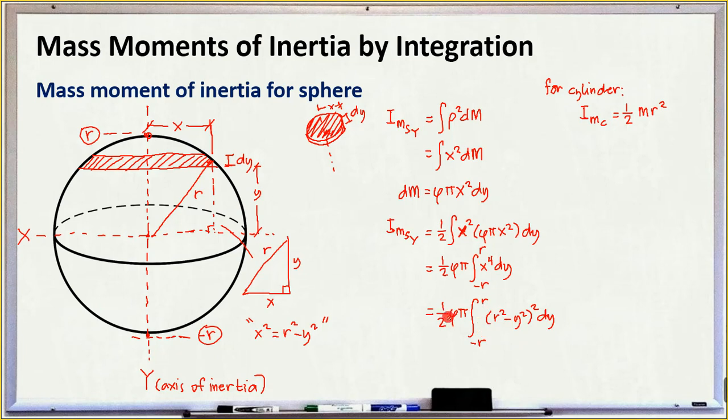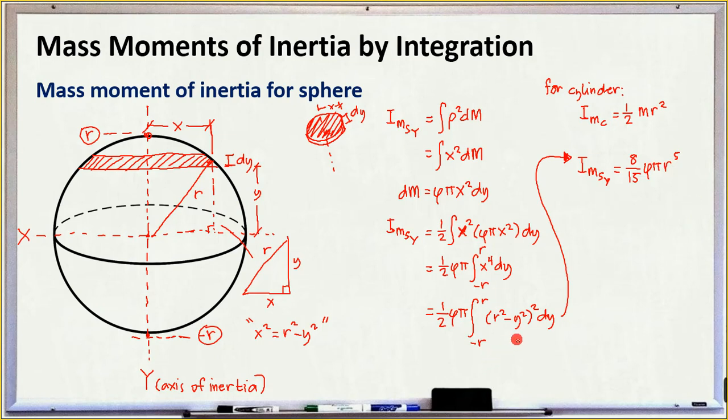You can also do it yourself if you want, but our time is limited. So this can be simplified into the mass moment of inertia of the sphere along y equal to 8/15 density pi r to the fifth.